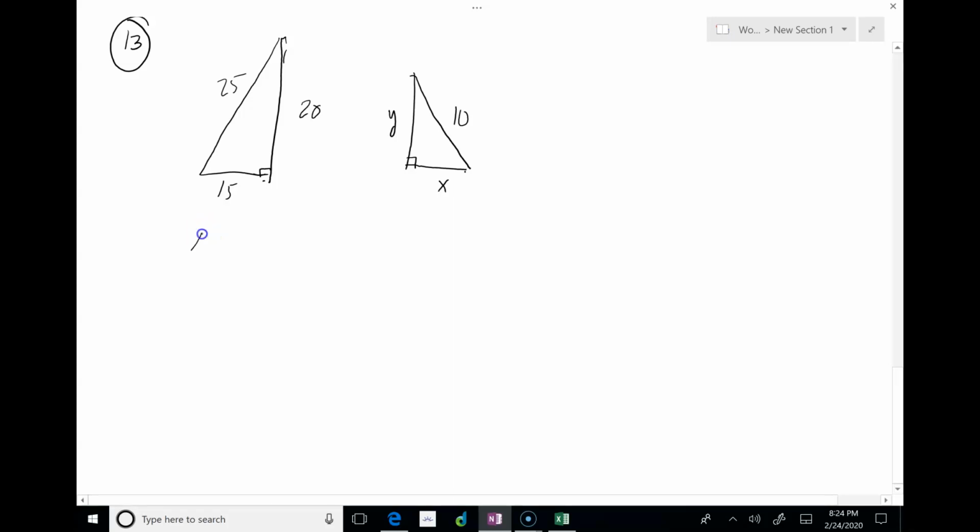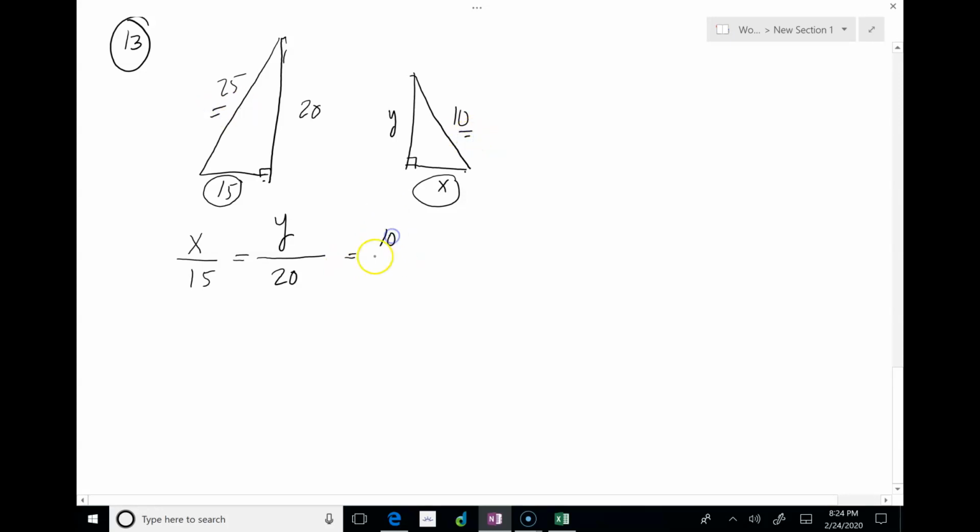Then you would say x over 15 is equal to, so just to get similar sides, y over 20, proportion of corresponding sides are equal. And then you would say 10 over 25.